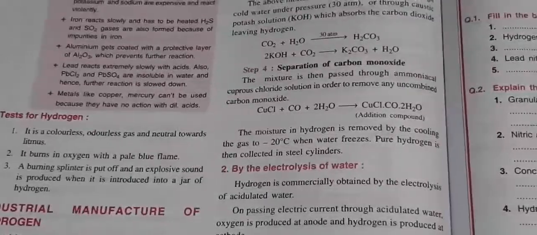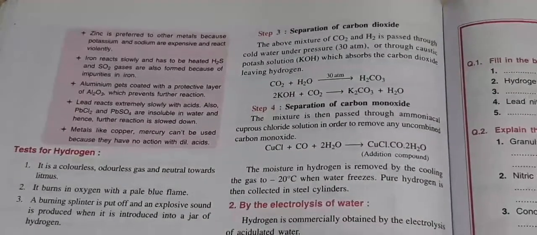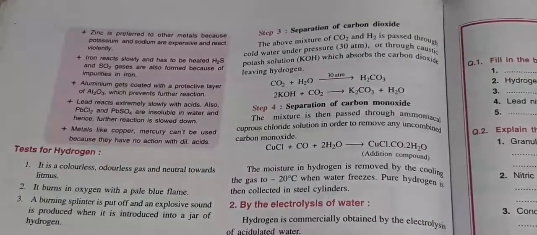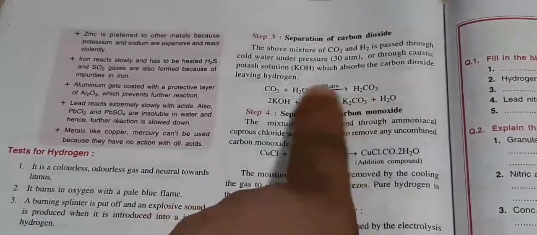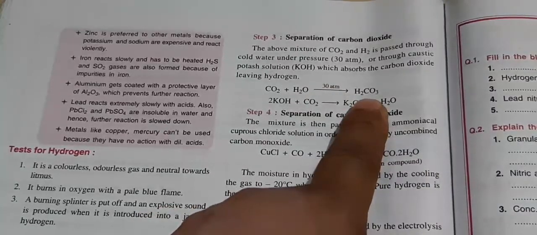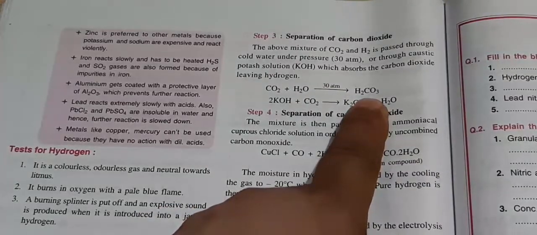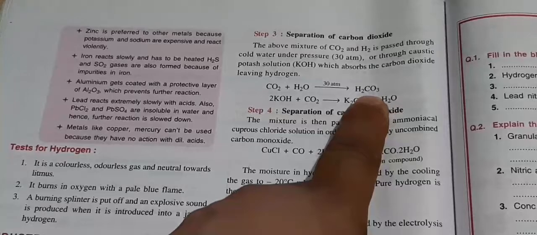So to remove all these impurities, what will we be doing? We will be passing the above mixture through cold water at 30 atm pressure or caustic potassium hydroxide solution. First we put water at high pressure, and it will change into carbonic acid, and hydrogen gas can be separated.